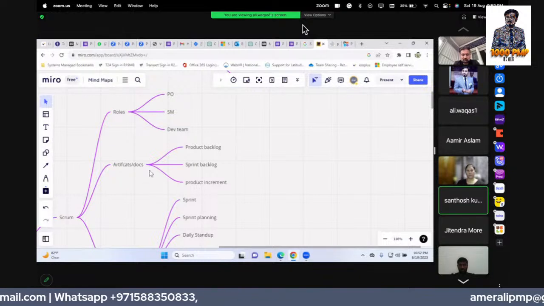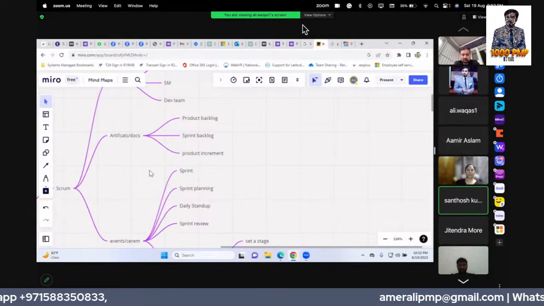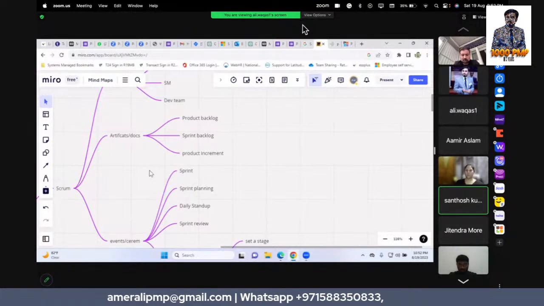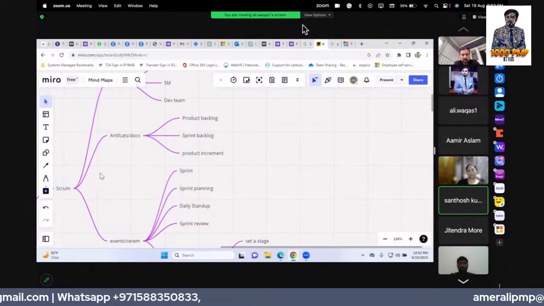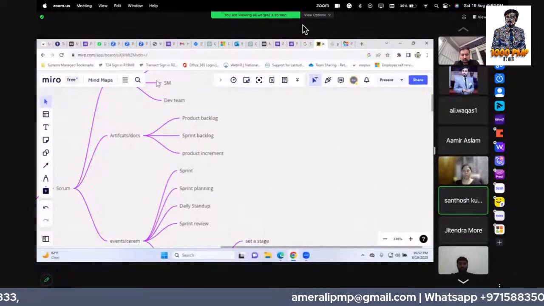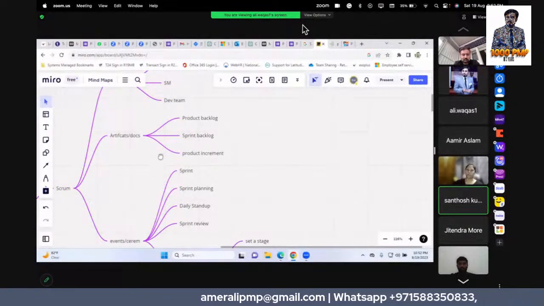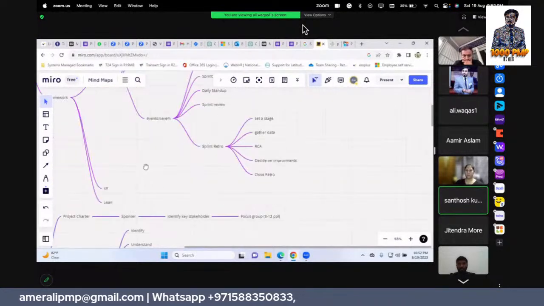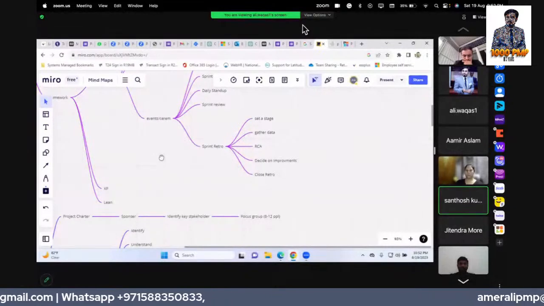The user stories will be estimated, and they are small. All these user stories will be collected by the product owner, who will discuss with the stakeholders and put them into the product backlog, based on high value or high risk.